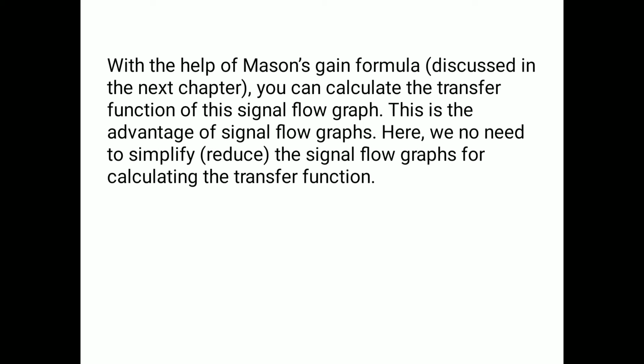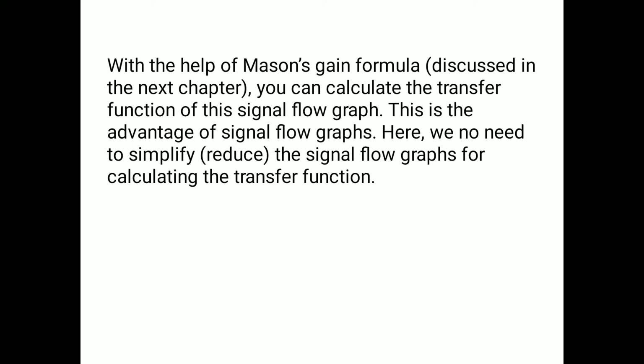As we know, the block diagram is converted into signal flow graph, as shown clearly in the previous slide, and to find the transfer function of the signal flow graph we use Mason's gain formula. This is the advantage of signal flow graphs.